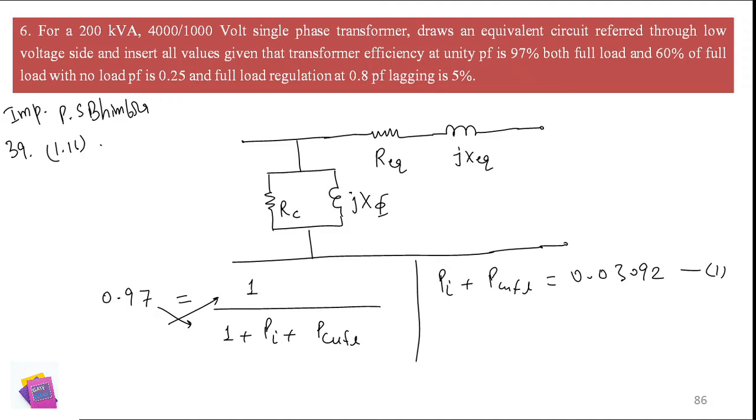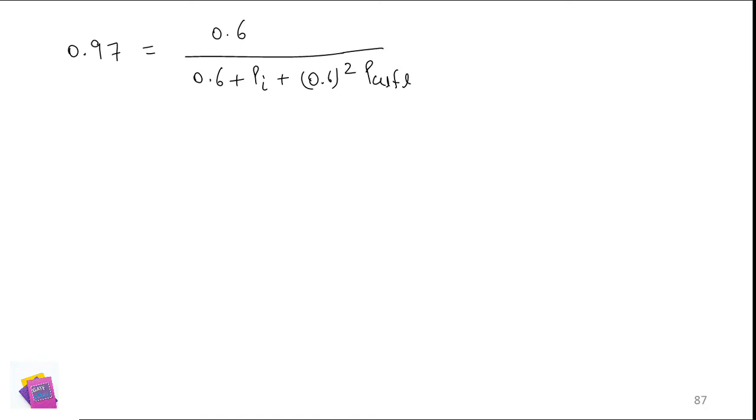So the next equation you can make is at full load, meaning x equal to 1 here, and the same efficiency is at 60% of full load. So you can make the next equation here: efficiency is 97% at unity PF and 60% load. So the value of x is 0.6, and efficiency is 0.6 divided by 0.6 plus Pi plus x squared P copper full load, so it is 0.6. From here you can write one relationship.